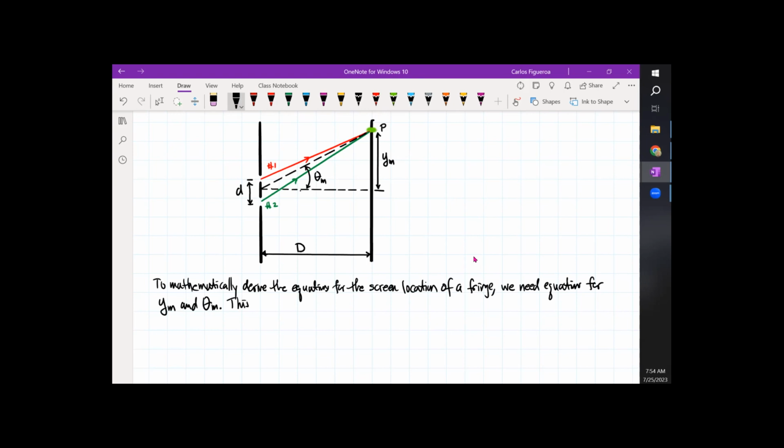This gives us two important triangles. Let's identify these triangles here.